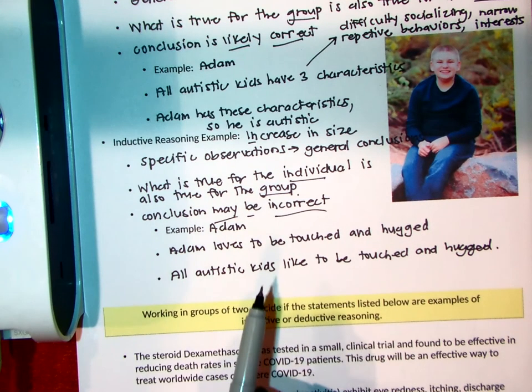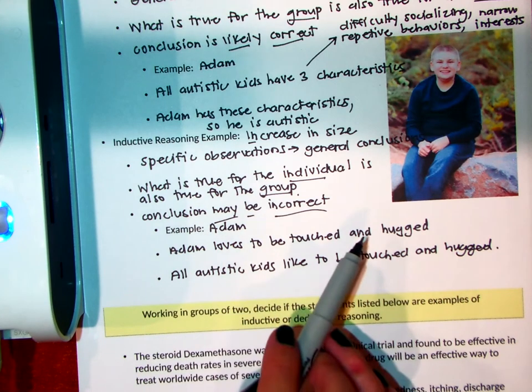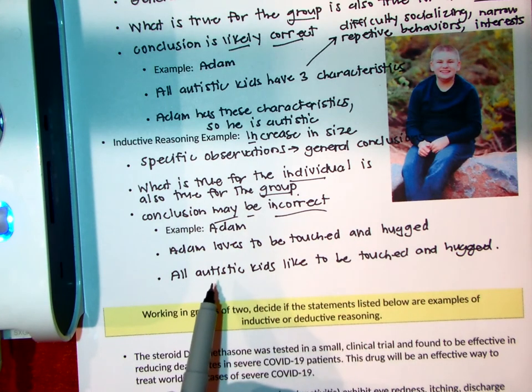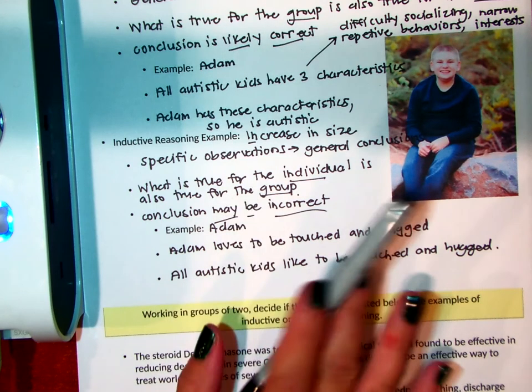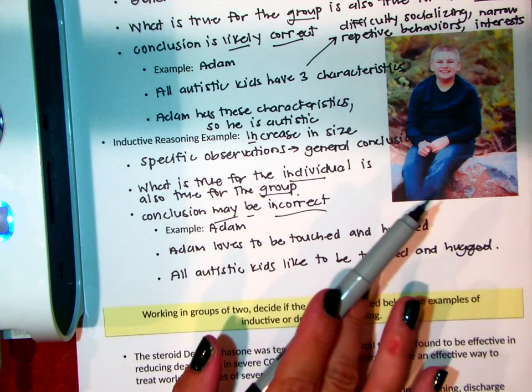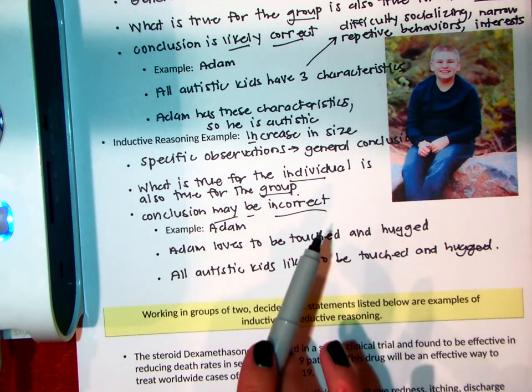And this is not always the case. So again, your conclusion may be incorrect if you're just taking an observation from one individual and applying it to an entire group.